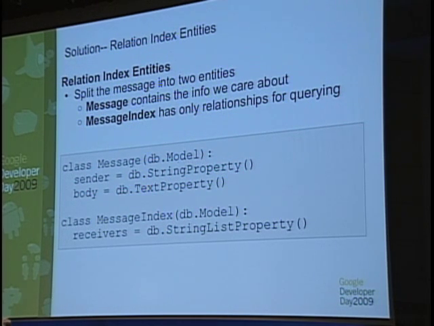Another way to do this would be to create 2 list properties on the message index class, one for receivers, one for senders, and do that tuple-like data where you have 1,000 values, 1,000 values, and then kind of use the merge join trick to get to it. I think the better approach is probably create a single combination of receiver plus sender, combine that into one value, and store the combined value on the message index class.